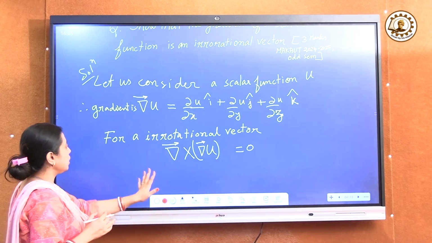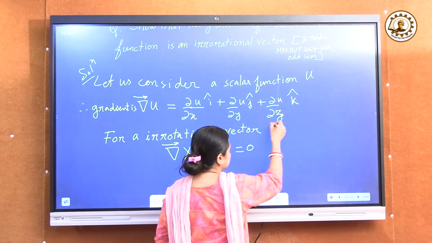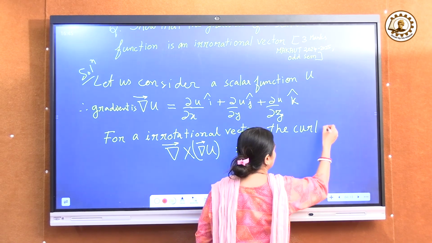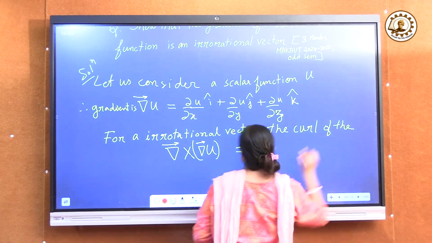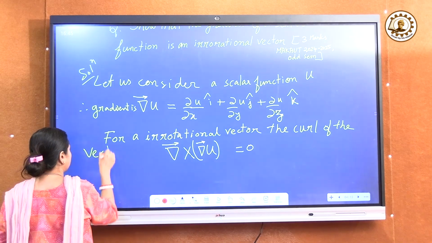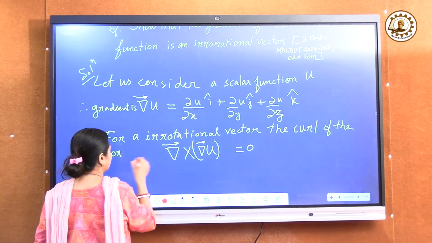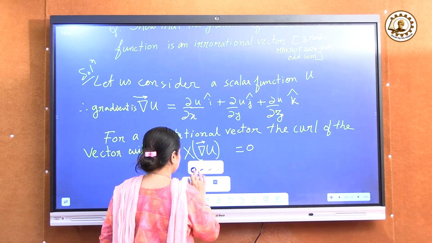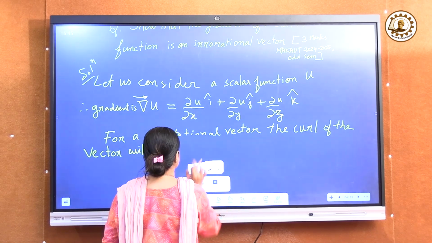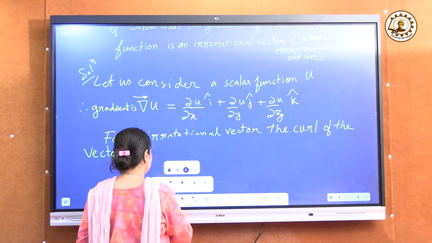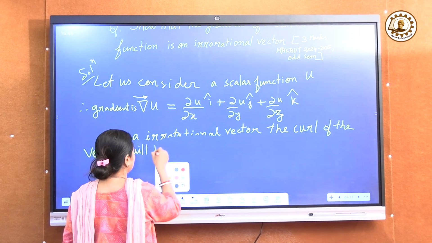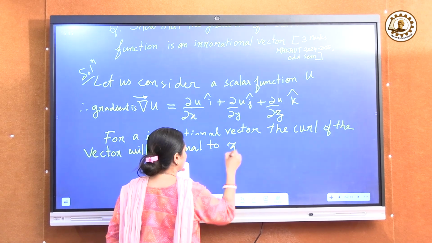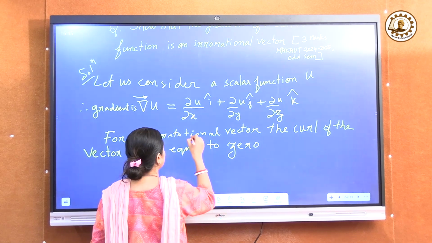So when we are answering it, we just write in a sentence, the curl of the vector will be equal to 0.